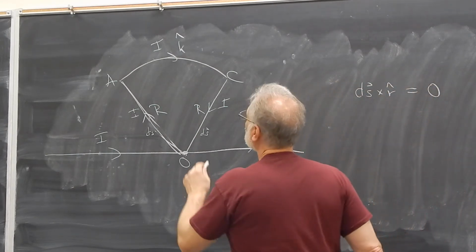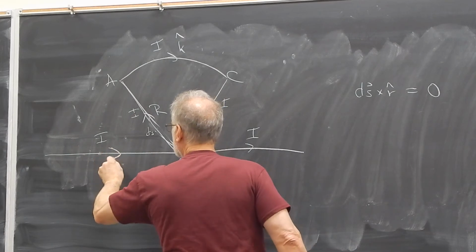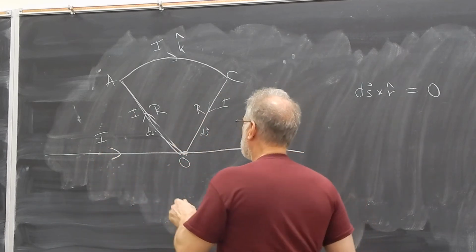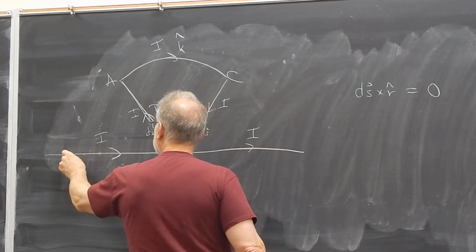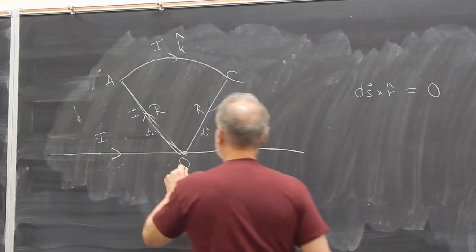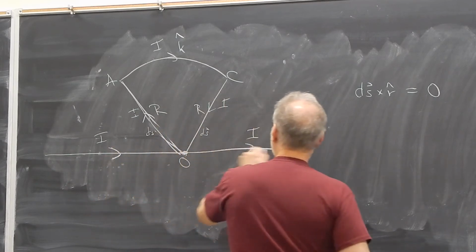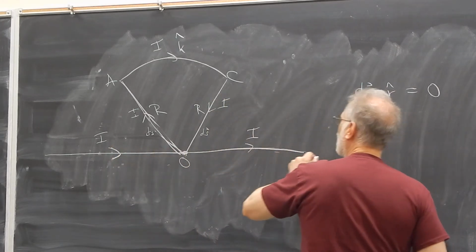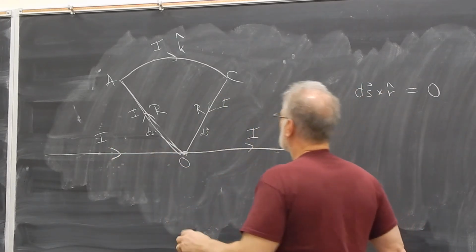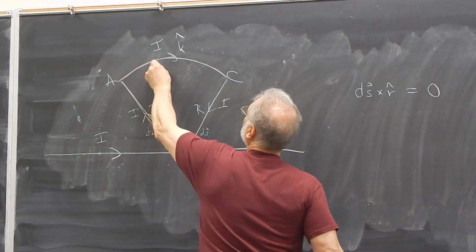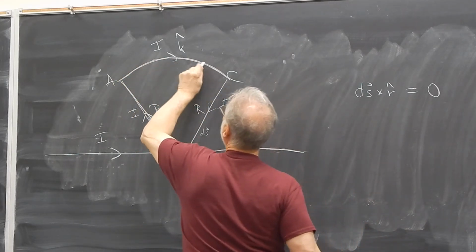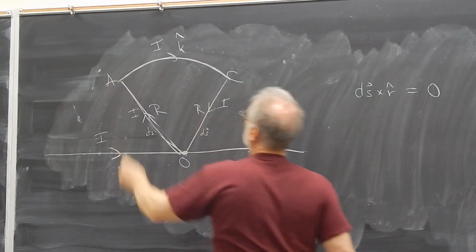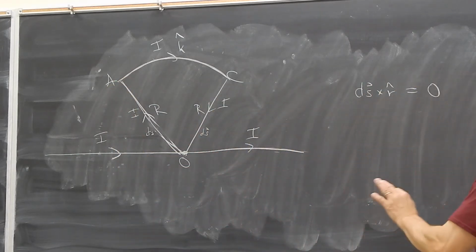In fact, both ds and r are going in the same direction along these paths as well, and so the field due to this part of the wire will be 0. So in other words, the only part of the wire that contributes is this curved path up this way at a constant distance r from the origin.